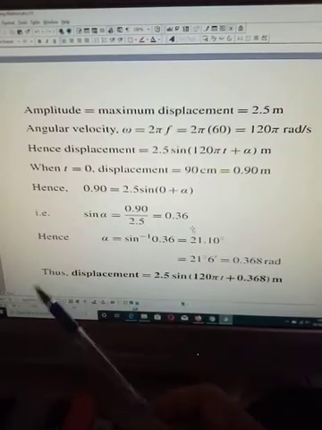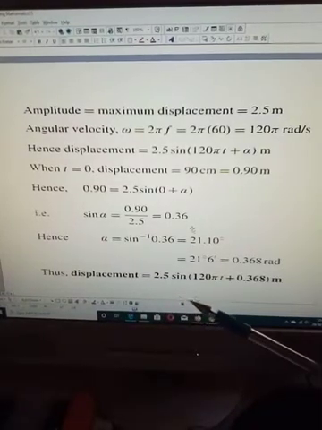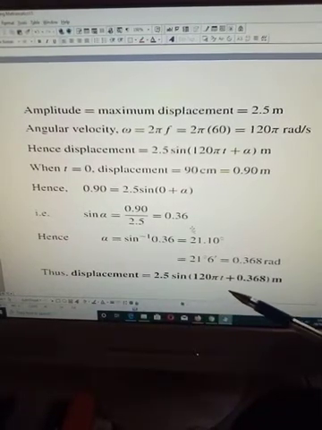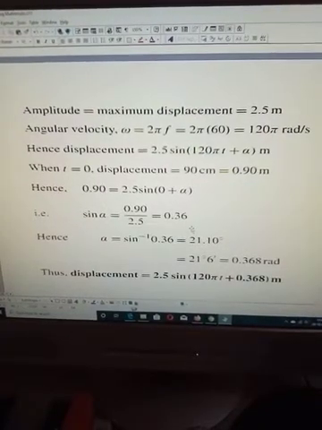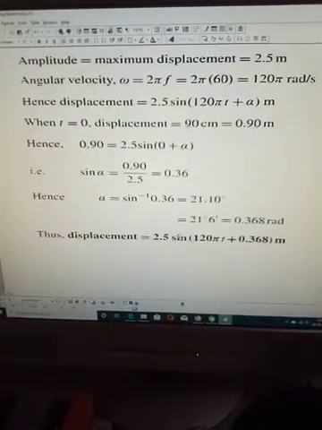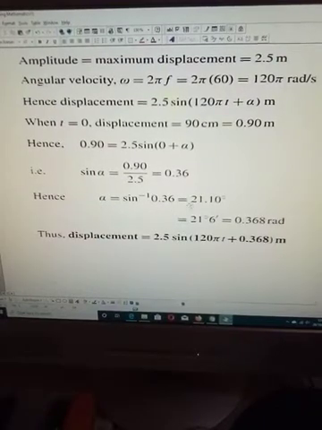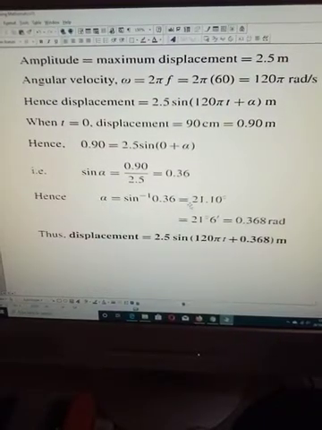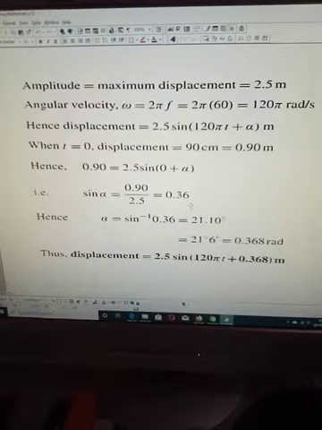Okay, now I'm just going to step through this. Thus displacement equals 2.5 sine (120 pi t plus 0.368) meters. Now make sure you work this through for yourselves and look back at the examples given that we've actually followed through.